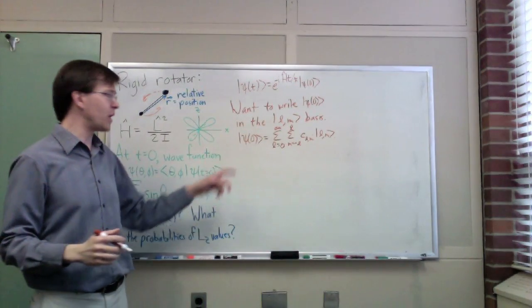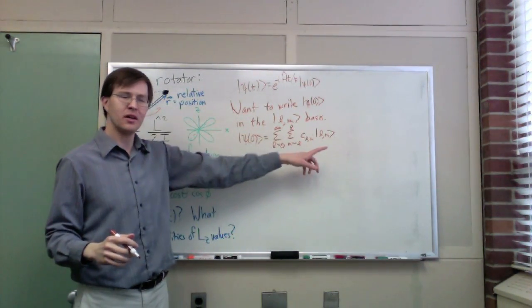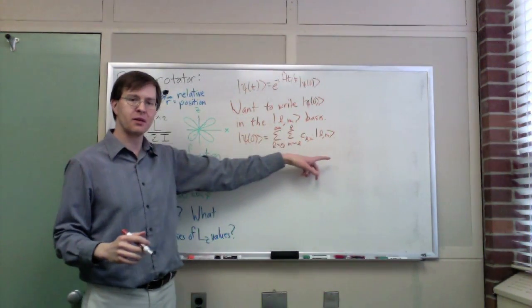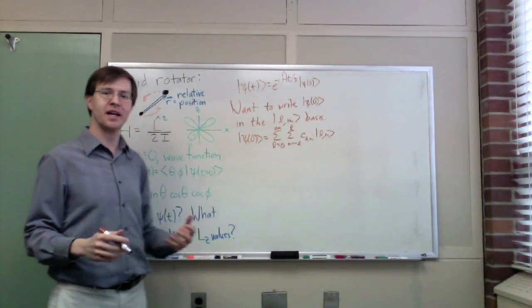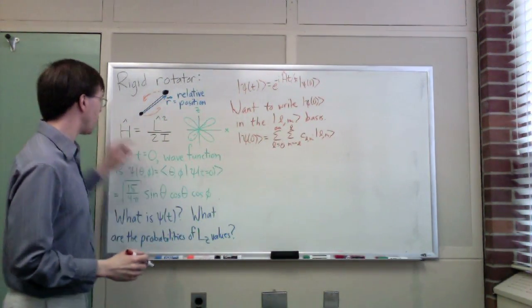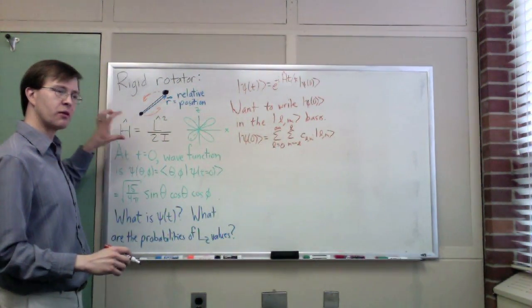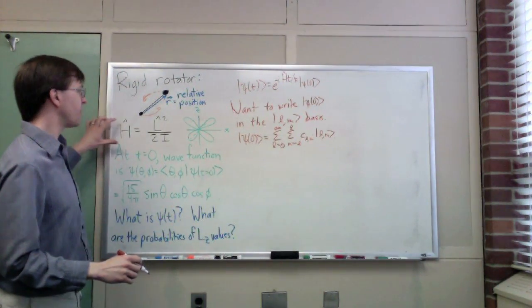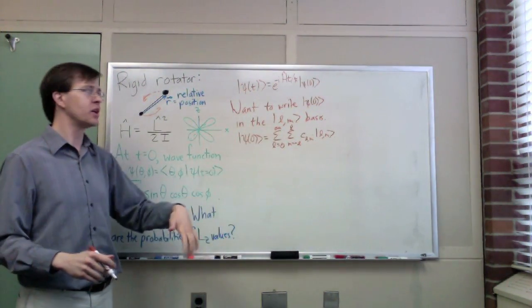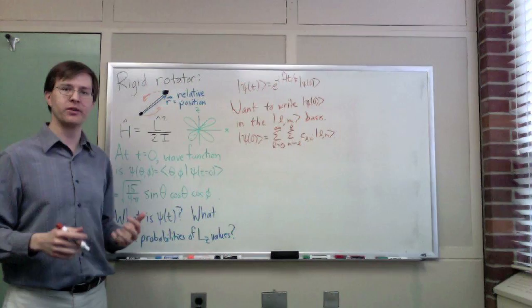If we had our state written in this form as some linear combination of the Lm eigenstates, then we'd be set because we know exactly how this works. We can use our very familiar angular momentum relations to figure out what the Hamiltonian does on each one of those. It's a great, easy problem at that point.